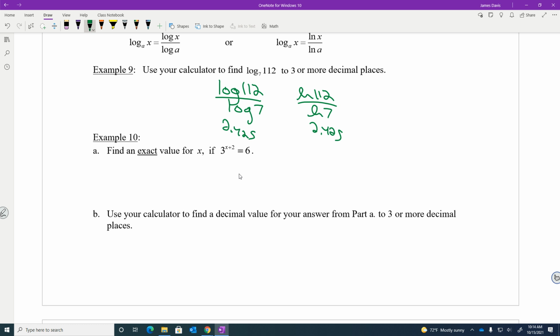So if this was an e, say this was e to the x plus 2, what would you do? Right, use that same strategy. Instead of canceling with the natural log, cancel with log base 3. So if you did log base 3 of both sides, log 3 of 3 to the x plus 2, and log 3 of 6, that will cancel out to x plus 2. So that's how you move the x.